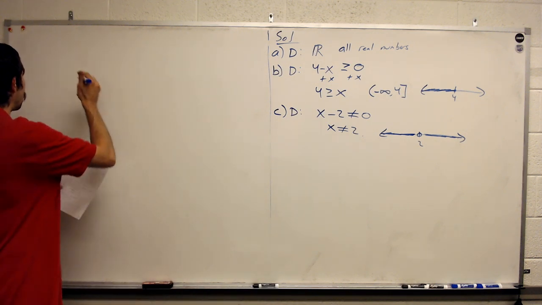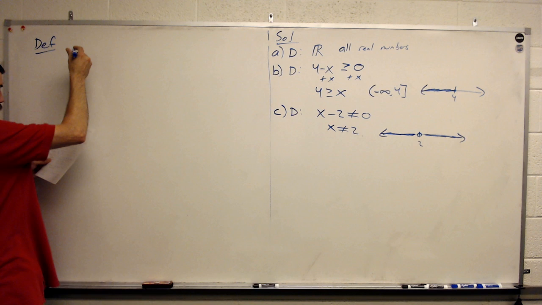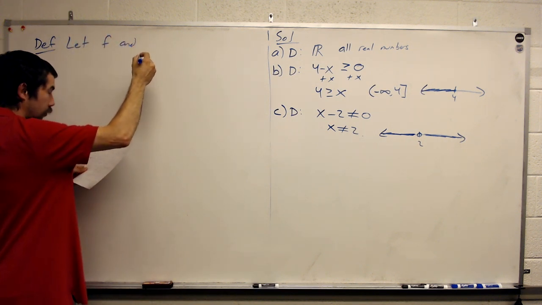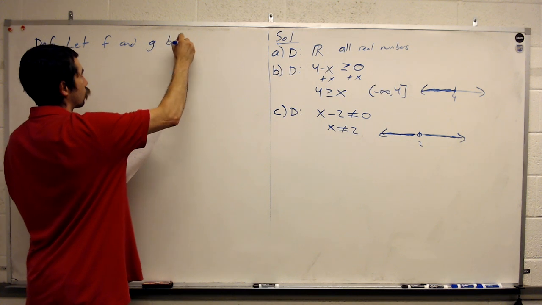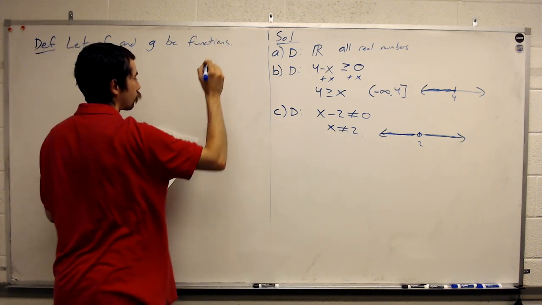But mathematically, the way we do this is something called the composition of functions. So let f and g be functions.